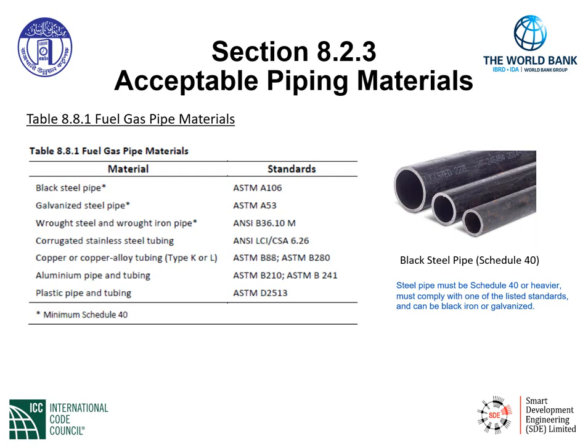That is a manufactured product, and it is a proprietary type of product with manufacturer's installation instructions. As seen, other permitted materials are copper or copper alloy tubing, type K or type L, aluminum pipe and tubing, and finally plastic pipe and tubing. The asterisk indicates minimum Schedule 40 pipe, as indicated for black steel, galvanized, and wrought steel piping materials.